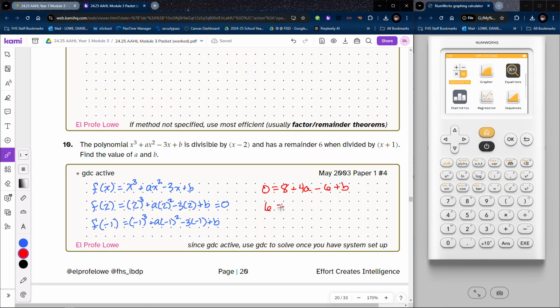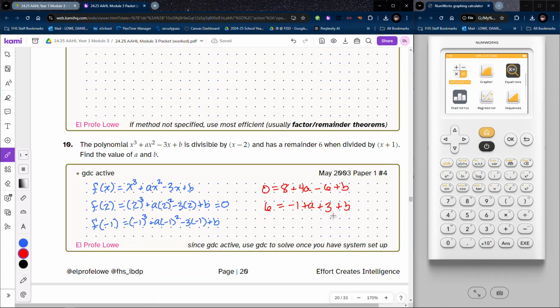And for my second one, 6 is equal to negative 1 plus a, plus 3, negative 3 times negative 1 is 3, and then plus b.